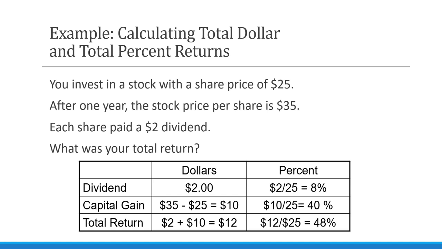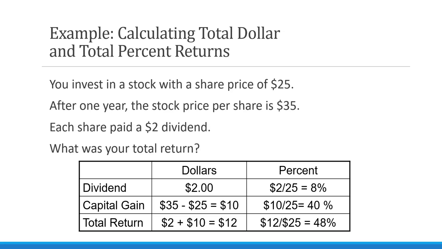So we invest in a stock with a share price of $25. A year later, that stock is now priced at $35. And we received a $2 dividend from the stock. So our dividend yield was the $2 divided by the price of our stock, or 8%.